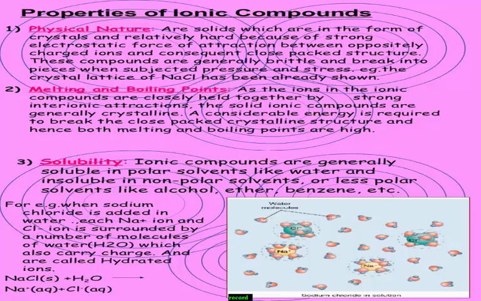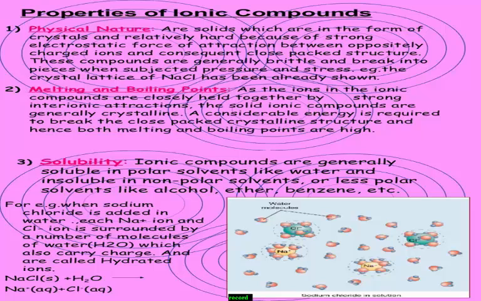Let's see here some points given. Physical nature of ionic compounds. Solids which are in the form of crystals and relatively hard because of strong electrostatic force of attraction. Students, remember melting point and boiling point.